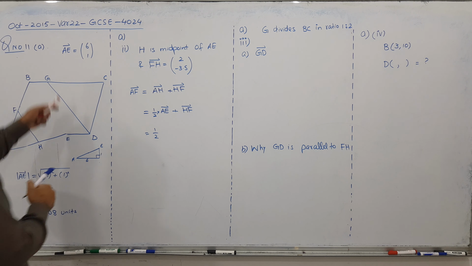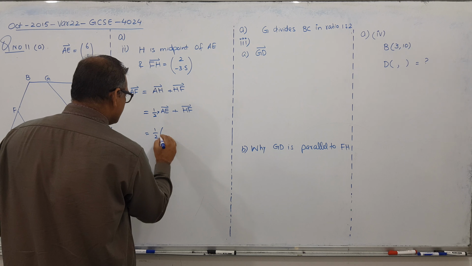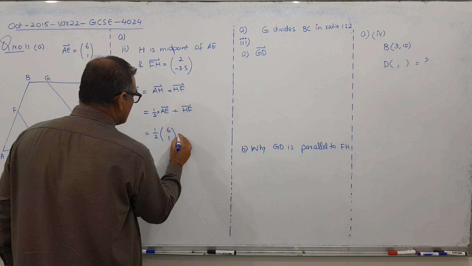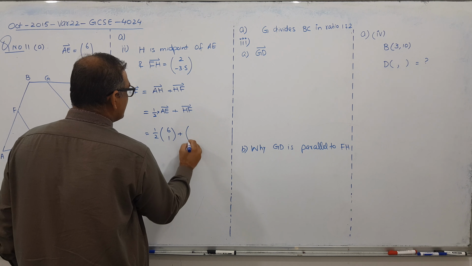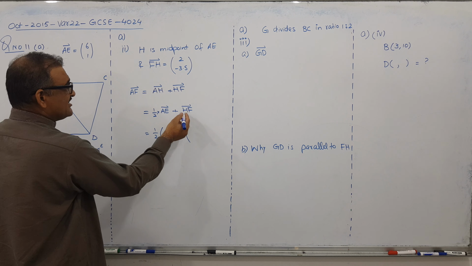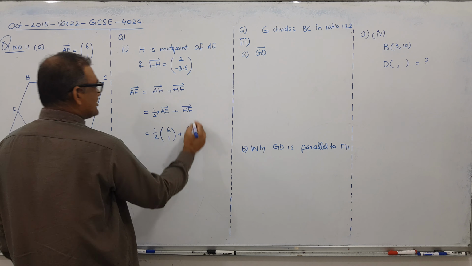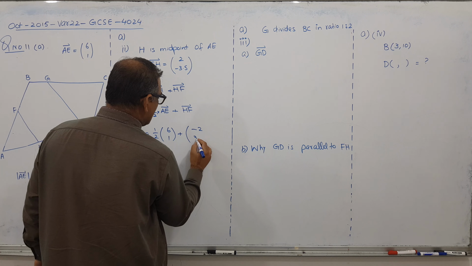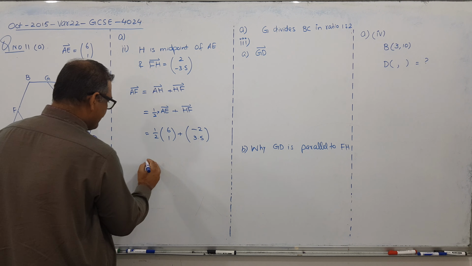So AE we have here. And this, FH, this is HF, so when I go backward, the sign changes. This becomes negative and this becomes positive.